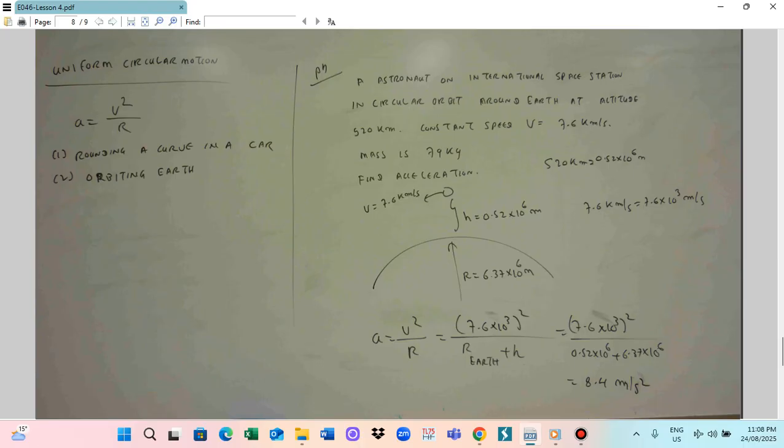So acceleration can be calculated as v squared by r. In this case, velocity is 7.6 squared, and the radius is R plus h. So this is 7.6 squared divided by 0.52 into 10 power 6 plus 6.37 into 10 power 6. So by solving, we get the acceleration 8.4 meter per second squared.